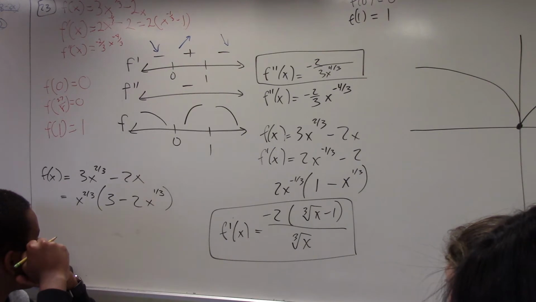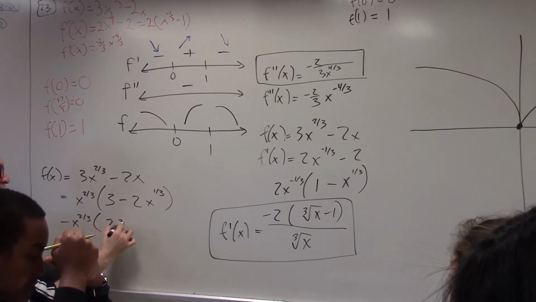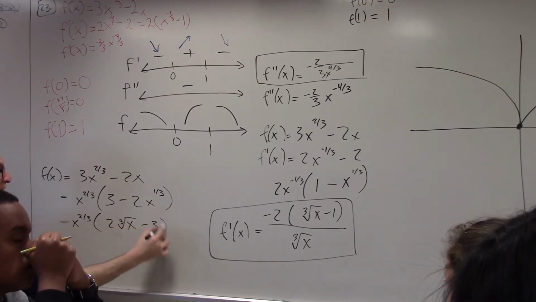If I did that correctly, just double checking. Yeah. So this is actually x^(2/3) times, and I'll pull out a negative, 2 cube root x minus 3.